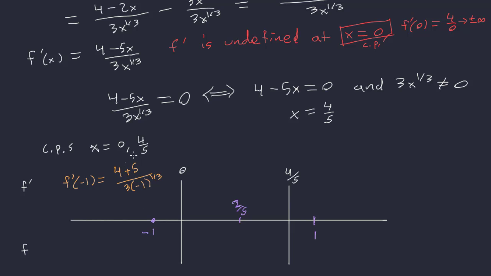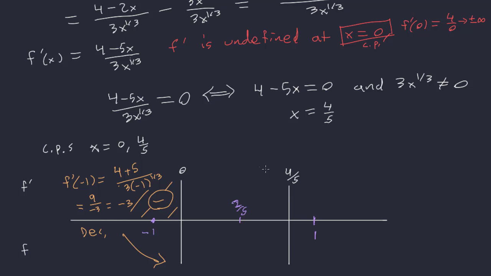So this is going to be a 9 over 3 times -1, so this will be a 9 over -3. So that's going to be a -3. So specifically, the important part is the derivative is negative in this region. So that means f is decreasing, going down.